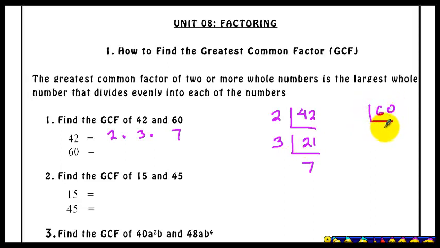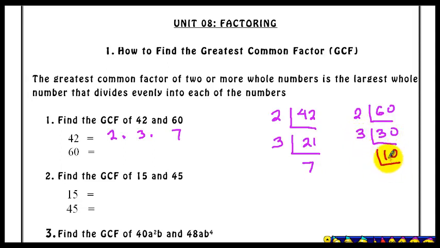Next, let's get the prime factorization of 60. Again, find the smallest prime number that can divide 60. 2 will work. So 60 divided by 2 is 30. Again, find the smallest prime number that can divide 30. 2 will not work. 3 will work. So 30 divided by 3 is 10.